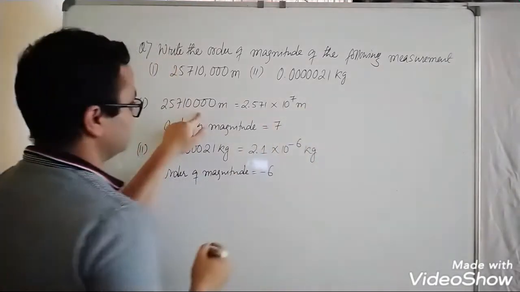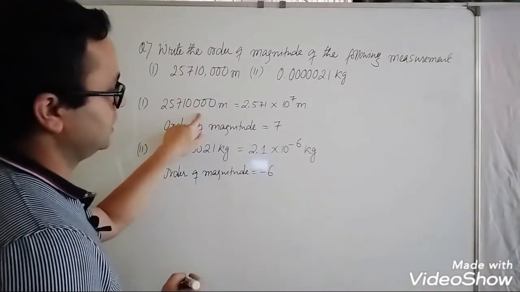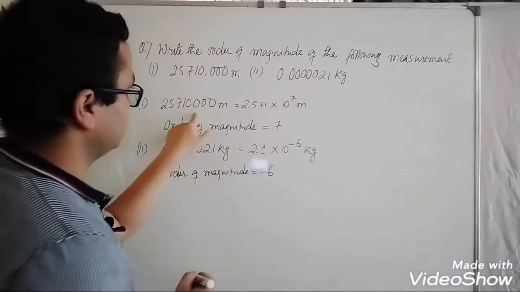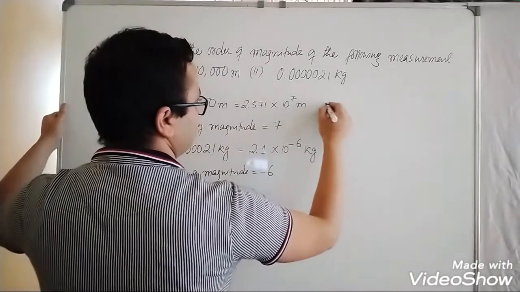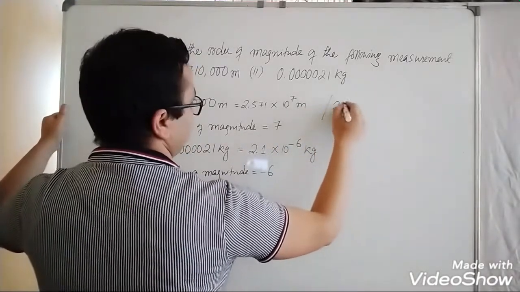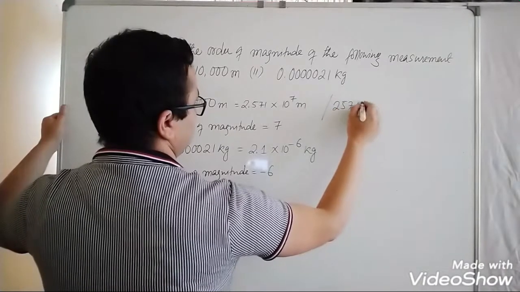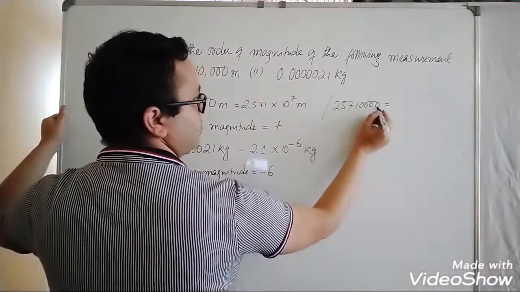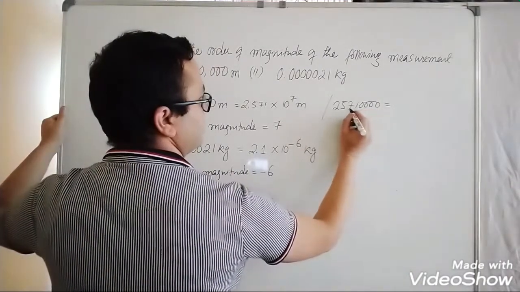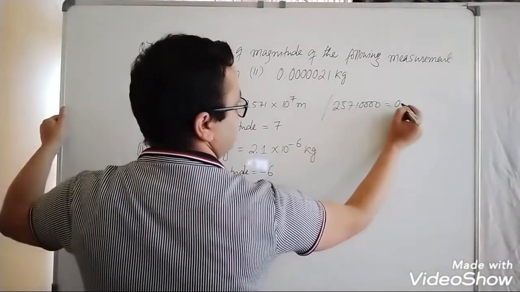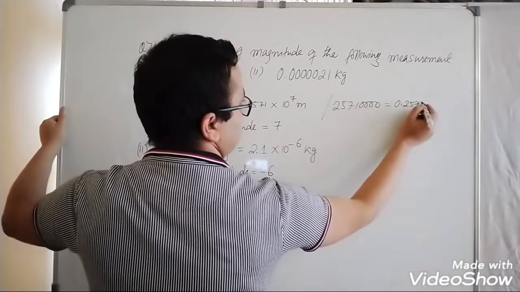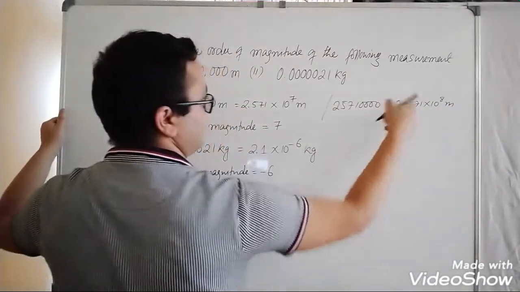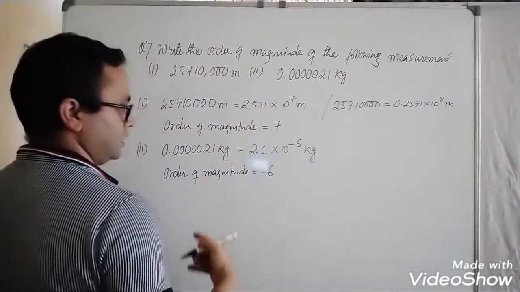For the first one, it may also be order 10 to the power 8. How? 2571: count the digits from the right-hand side, 1, 2, 3, 4, 5, 6, 7, 8. So it is 0.2571 into 10 to the power 8 meter. So here the order is 8.